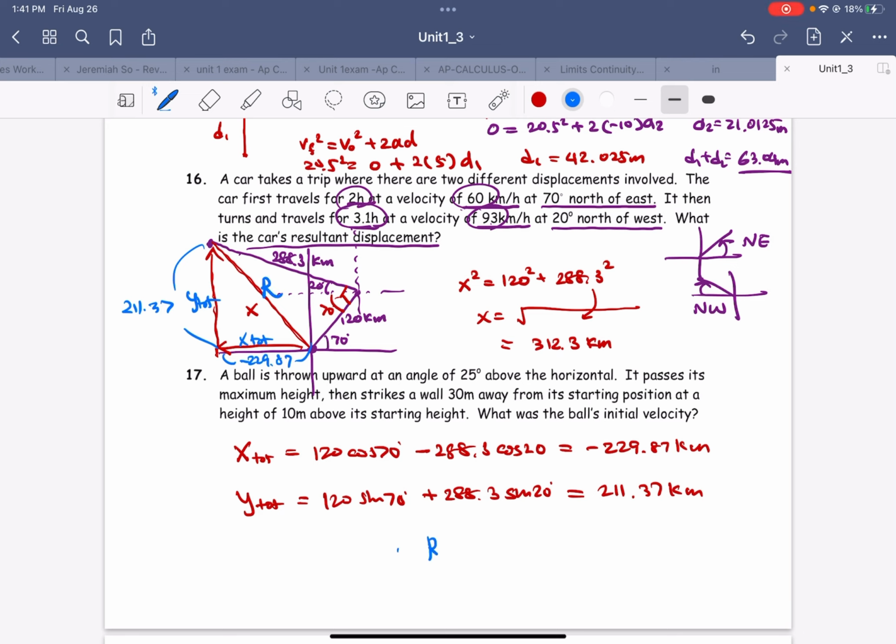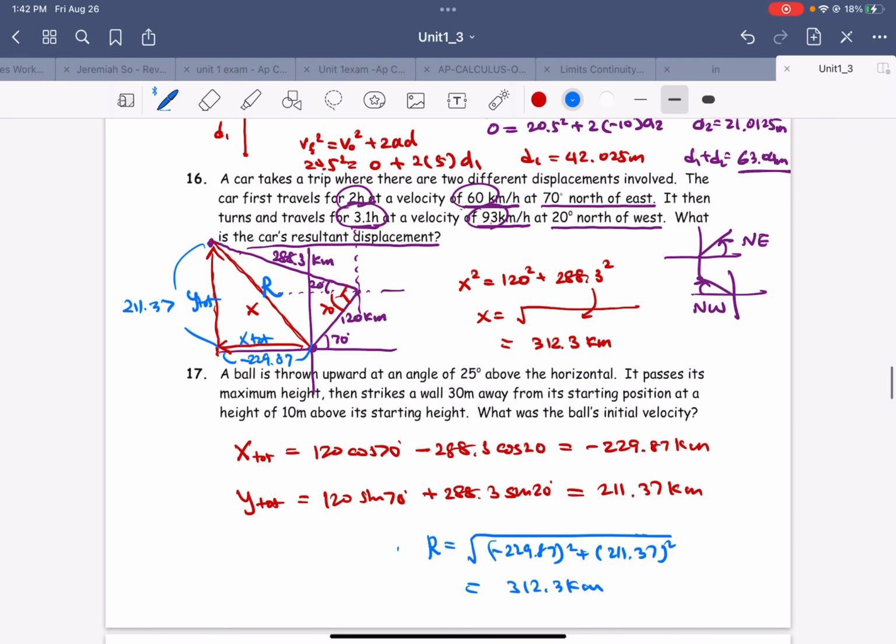Then r is the square root of negative 229.87 squared plus 211.37 squared. If you use the Pythagorean theorem like this, you're going to get around 312.3 kilometers or so. You can do vector notation like that. You use the x component and y component separately, and you can have the same answer.